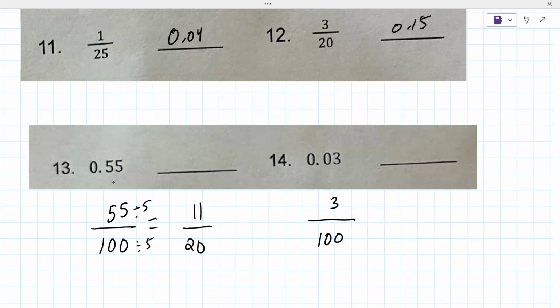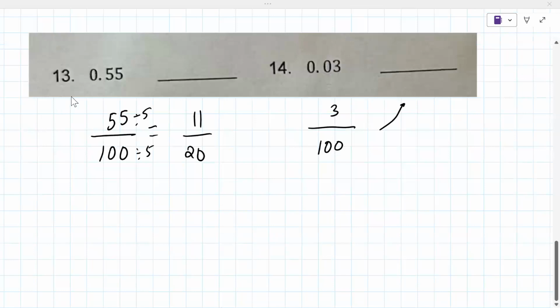Negative, so 75 over 100 is... that would just be... So does this reduce? This one does not. So this is fine. But for the next one, it does, it can be divided by 5 each.